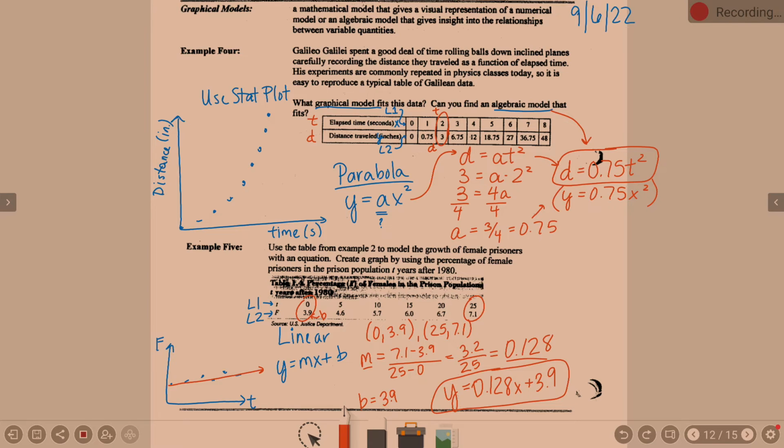Could we use t and f instead? Because that means t would be our x value, f would be our y value. So you could also say f equals 0.128t plus 3.9.